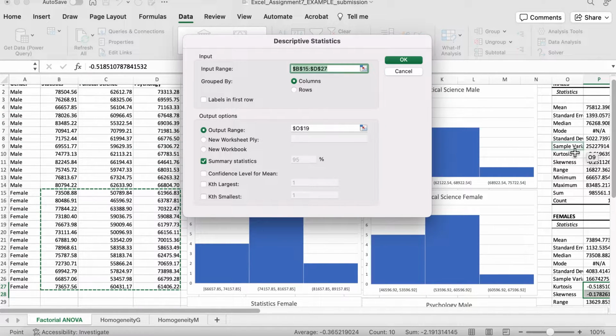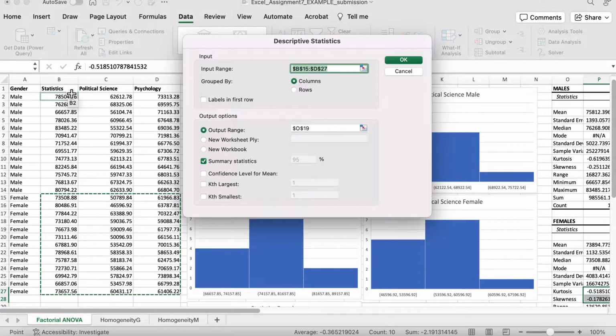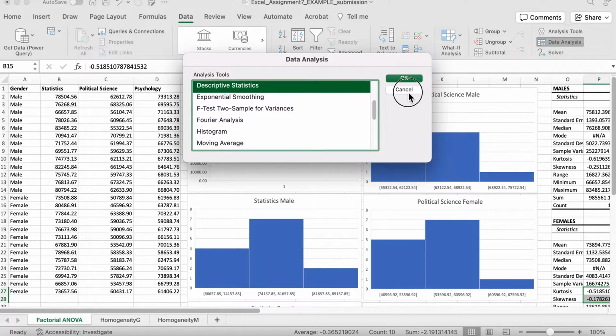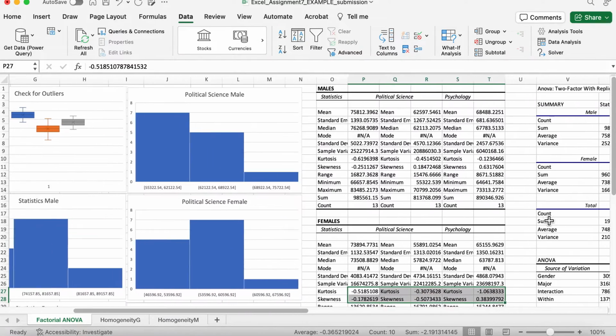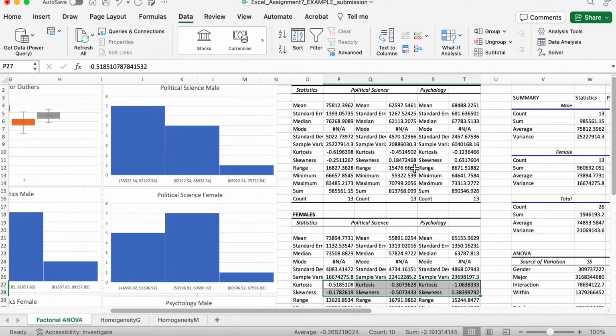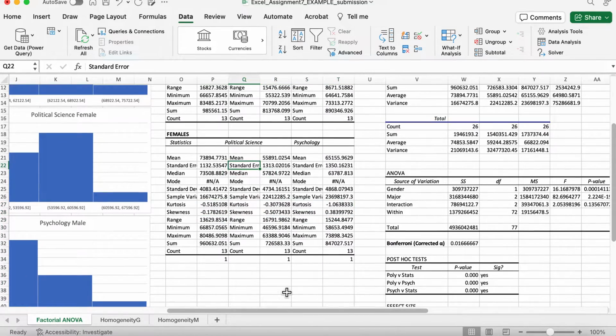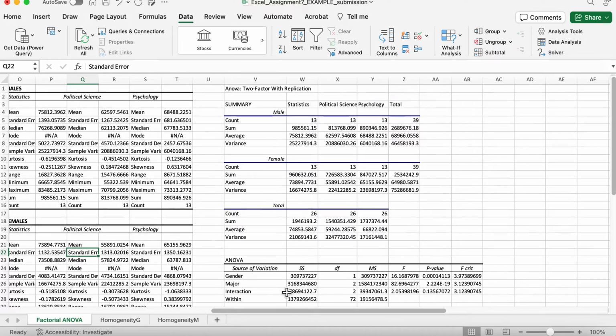This is how I made sure I've got the means for each individual group. You will get descriptive statistics that will pop up like this. It will not be these numbers, but it will pop up like that.